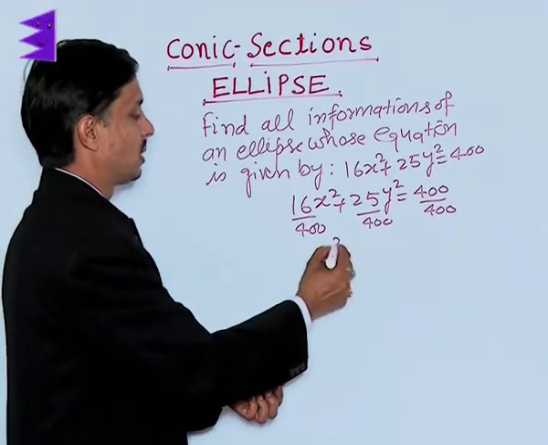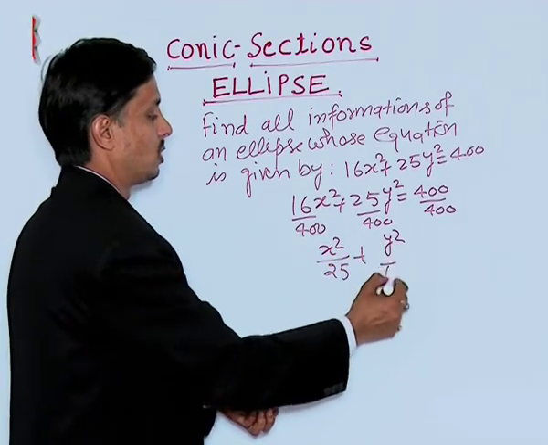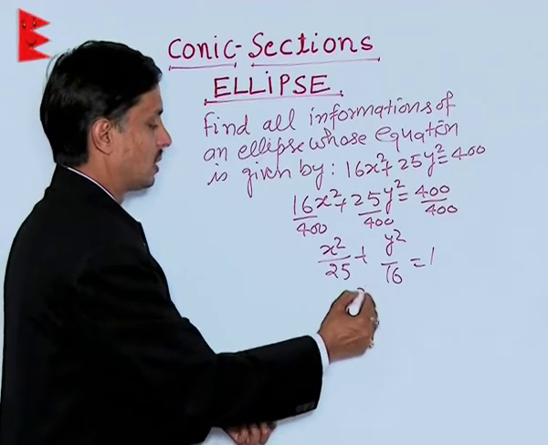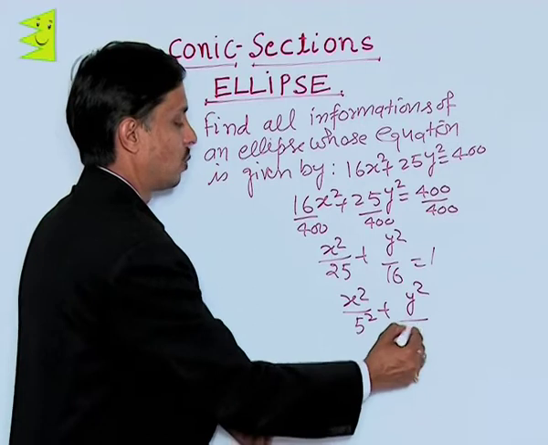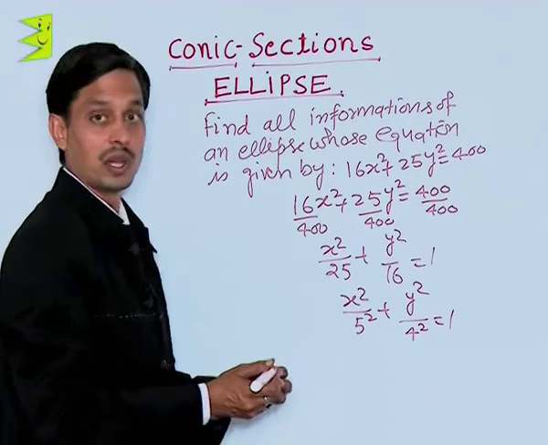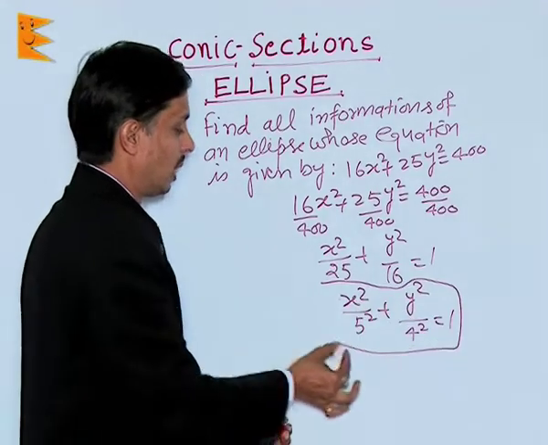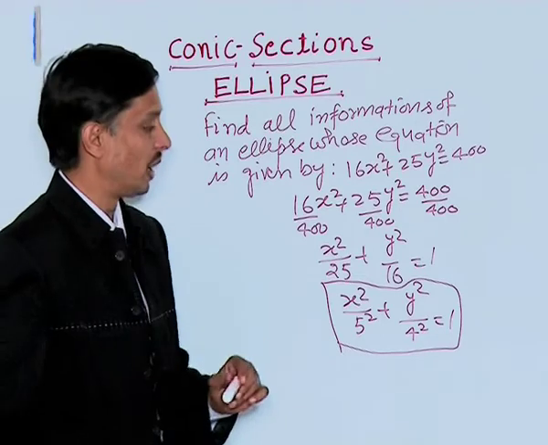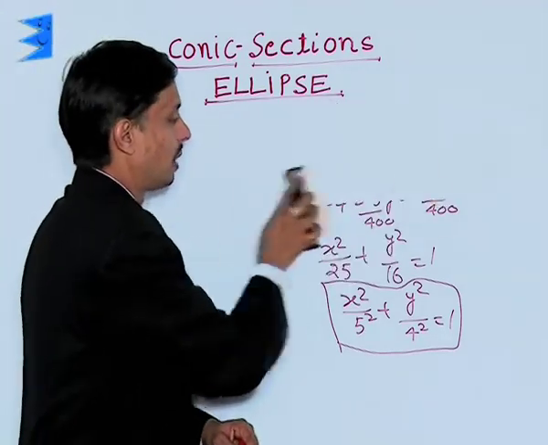This becomes x square upon 25 plus y square upon 16 is equal to 1, which can be written as x square upon 5 square plus y square upon 4 square is equal to 1. This is actually the equation of the ellipse in the standard form, for which we want to find all required information as per the demand of the question.